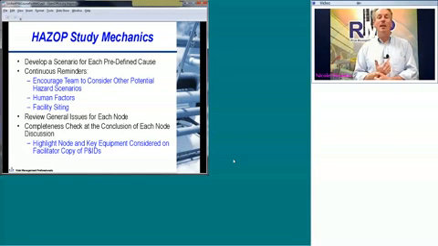Also, when I'm facilitating, continuous reminders. I want to make sure that the team is always thinking about other potential hazard scenarios. Even if I pre-populated the HAZOP study with a lot of causes, you really want to get them to think outside the box. Human factors, there's only so much you can do in a conference room when you're doing the HAZOP study.